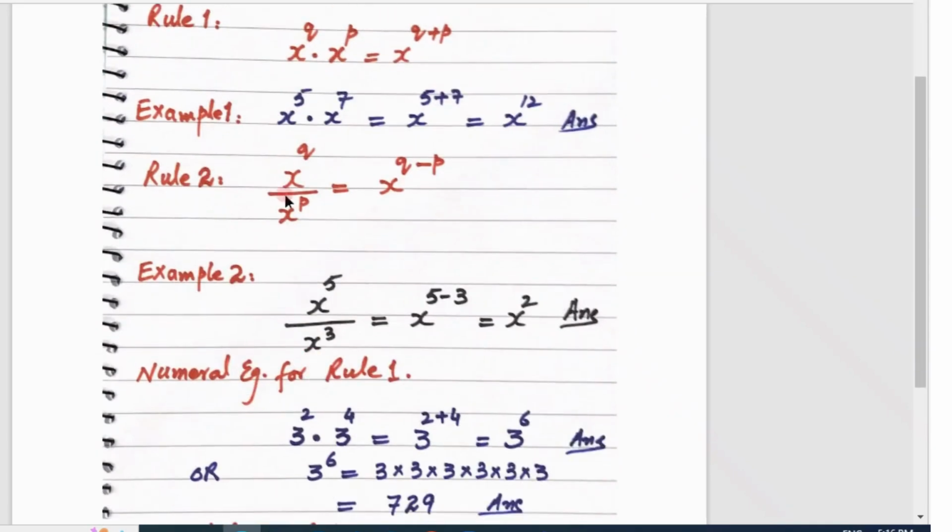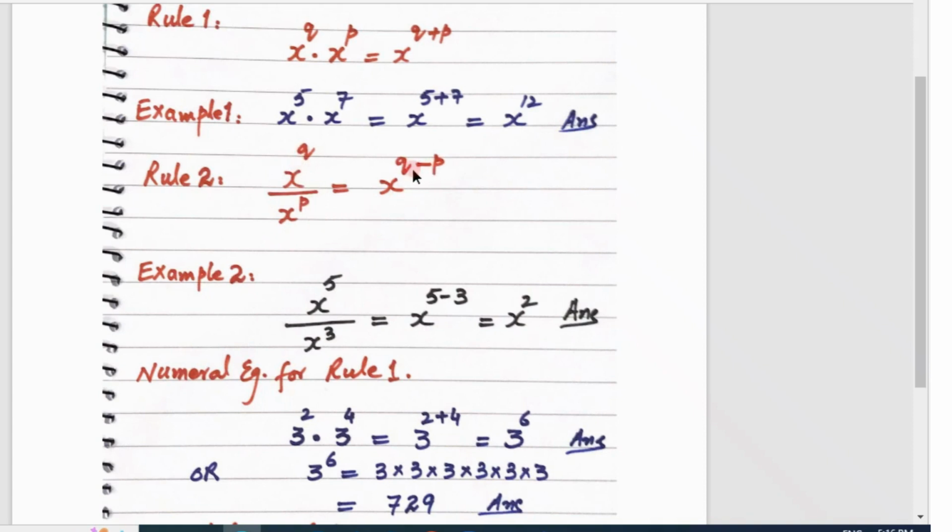Rule 2: x raised to power q divided by x raised to power p is equal to x raised to power q minus p. For division, lower power is subtracted from the upper power, or if we want to take it down, then upper power will be subtracted from the lower power. Whenever a term with an exponent is shifted up or down, its power becomes negative.